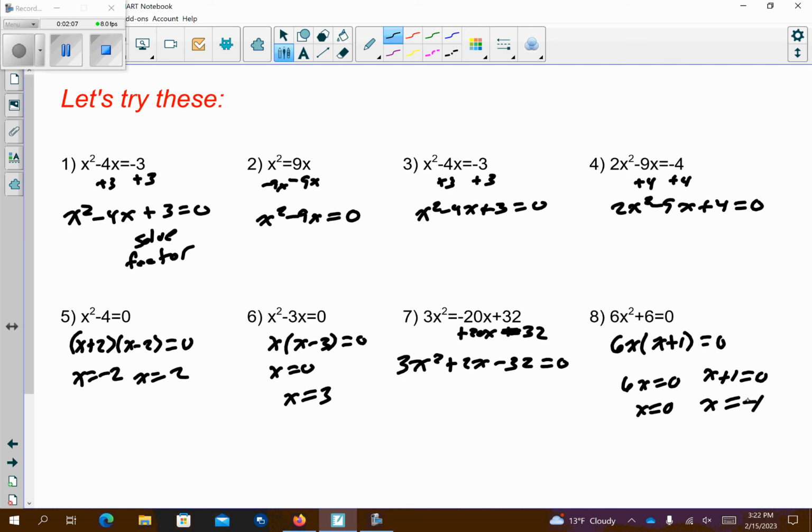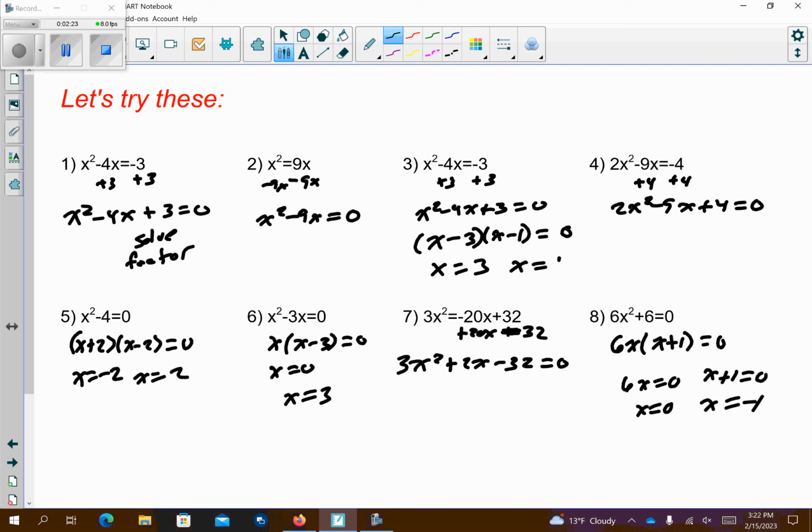And then all the rest of these, they're just going to solve like normal. So, you know, if you go through your factoring, you're going to see that you're going to have x minus 3 and x minus 1. Once you factor it, I did it a little bit quicker in my head, and then solve each of those. This particular one, you take out the x from both sides.